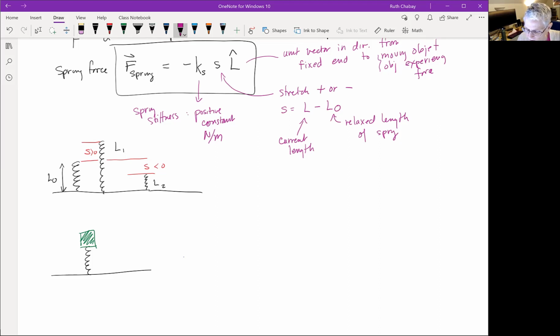The vector L is defined as going from the fixed end of the spring to the mass.